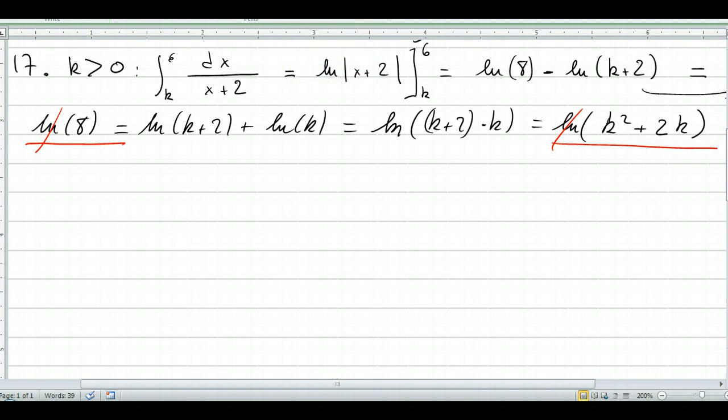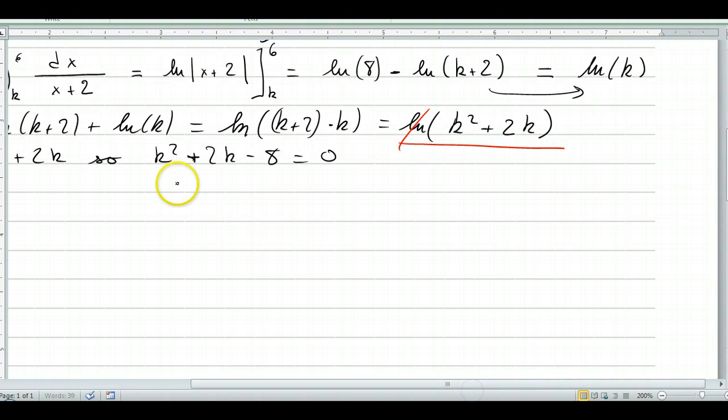So what we have is that 8 is equal to k squared plus 2k. So k squared plus 2k minus 8 is equal to 0. Let's factor that: k plus 4, k minus 2 equals 0. So k equals negative 4, k equals 2.